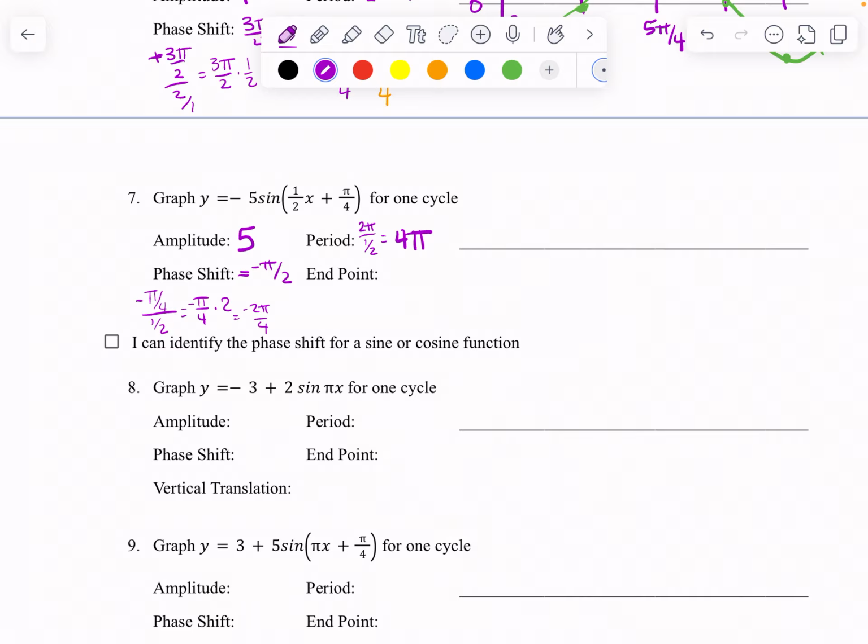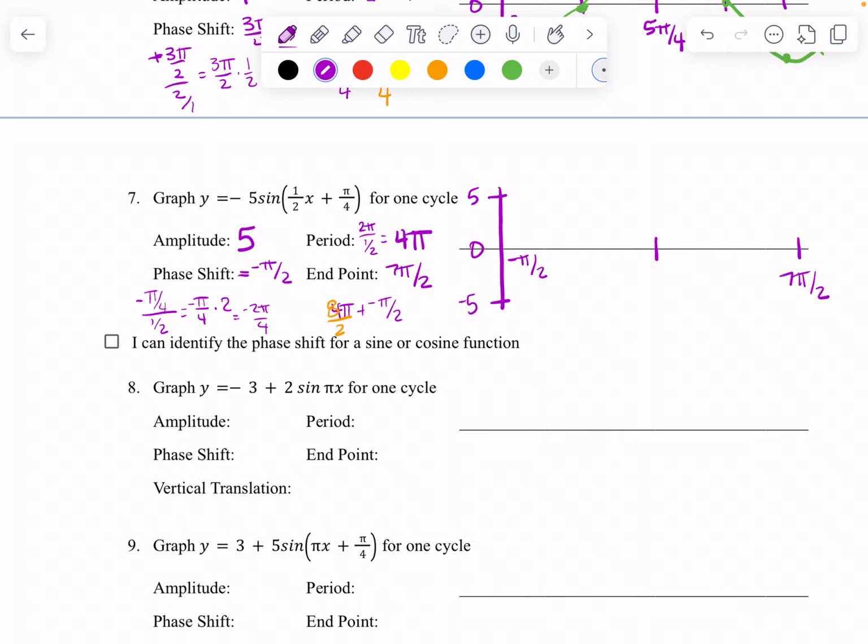Okay, my endpoint is my period plus my phase shift. All right, well, that would be 8 pi over 2, so 7 pi over 2. 5, 0, negative 5, 7 pi over 2, negative pi over 2.